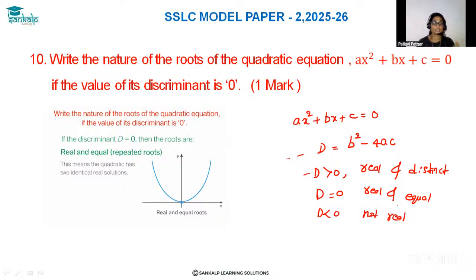So here the problem specified that the discriminant value is 0, which means the quadratic equation has real and equal roots. So the answer is: the roots are real and equal.